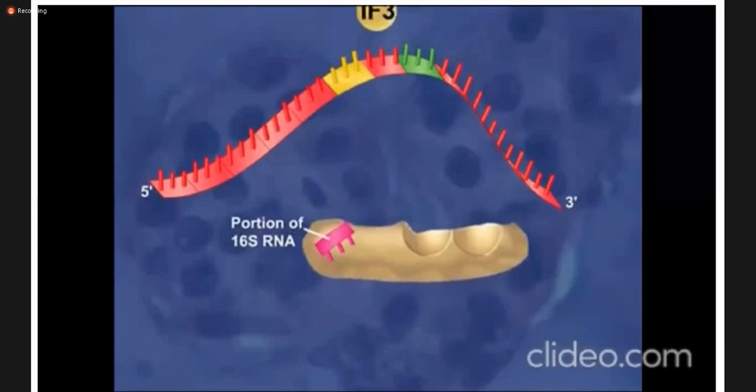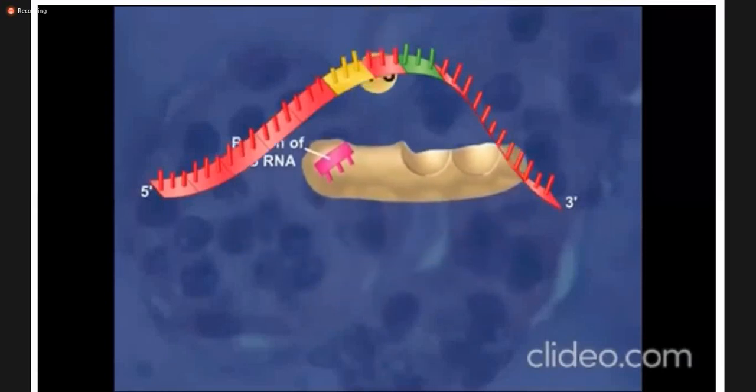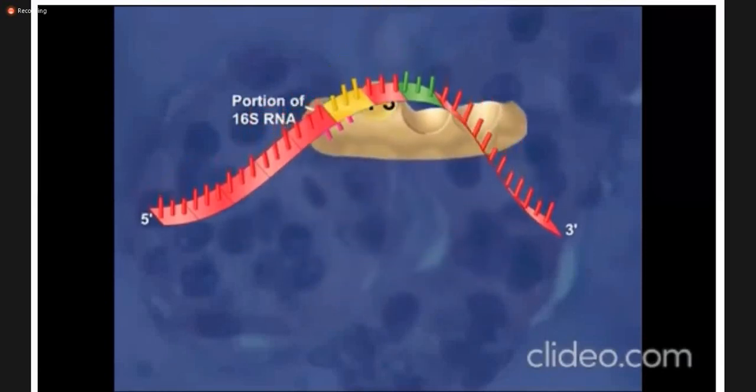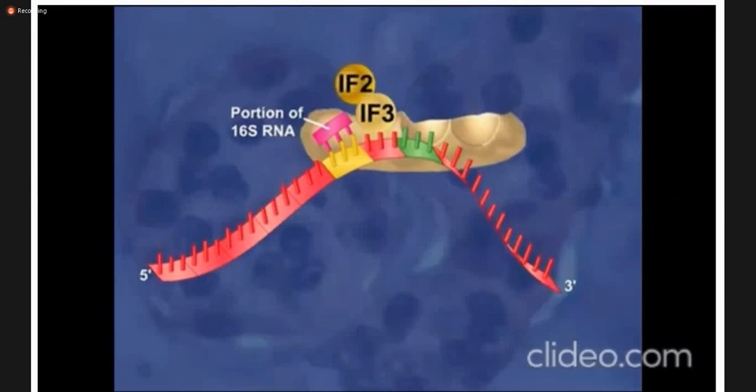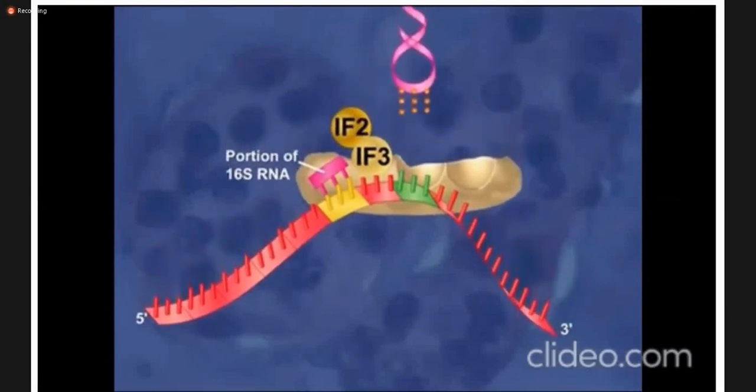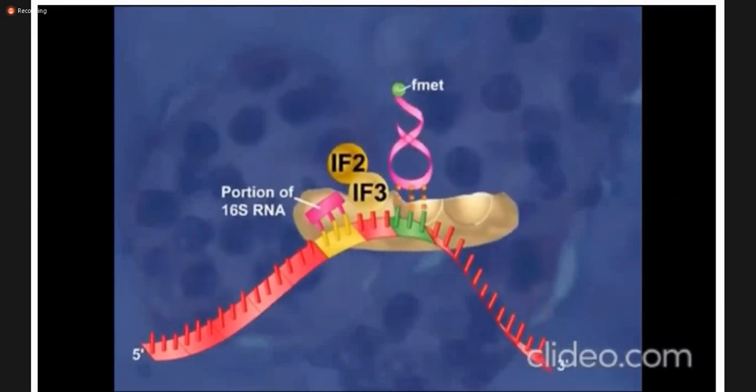Initiation factor 3 also facilitates the binding of the mRNA to the small ribosomal subunit. Once the 30S subunit, IF3, mRNA complex has formed, initiation factor 2 binds to the complex and promotes the binding of the initiator transfer RNA for N-formyl methionine to the complex.